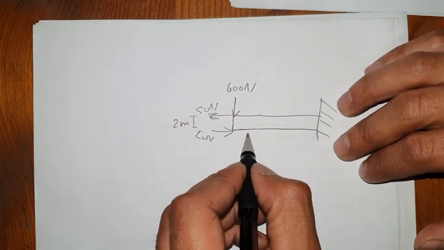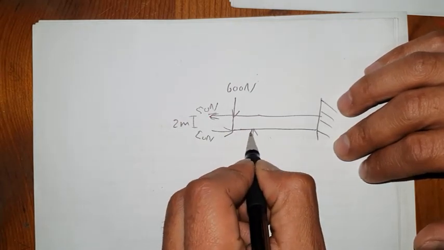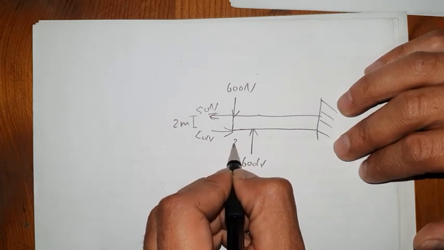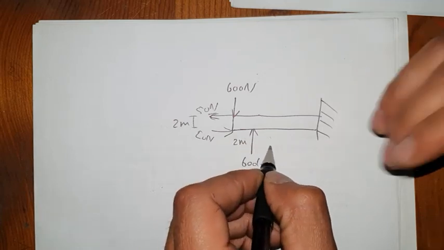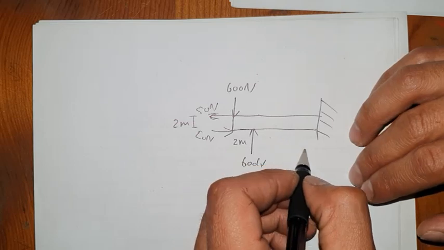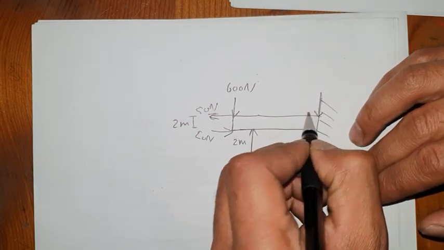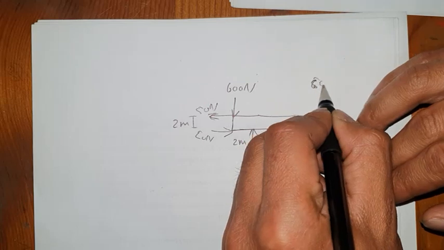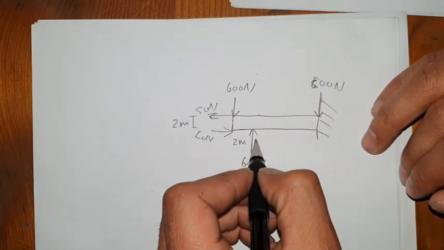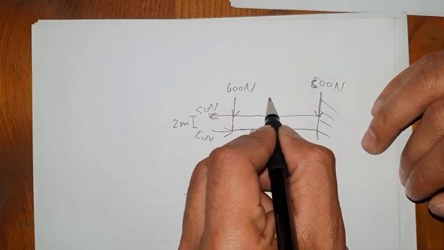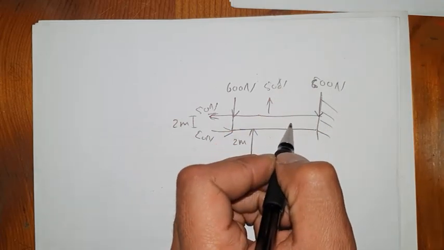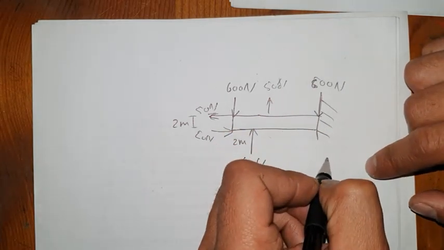And here we have the couple force of this, 600 newtons here. This is the distance, 2 meters, and we have 500 newtons acting in this direction, and another force here, this is 500 newtons. I think that would be enough.